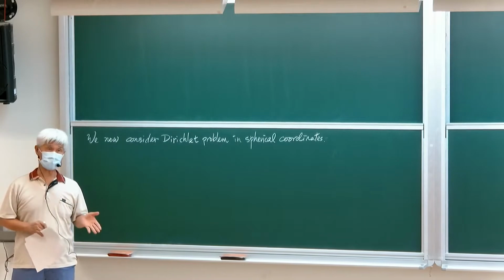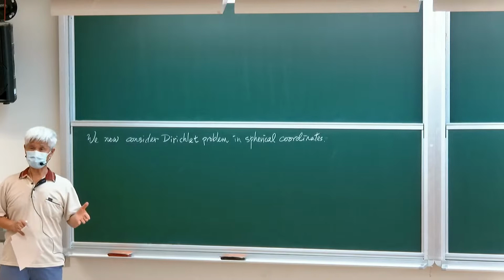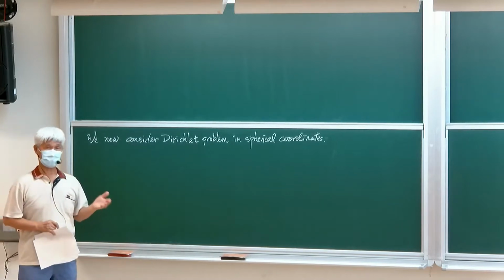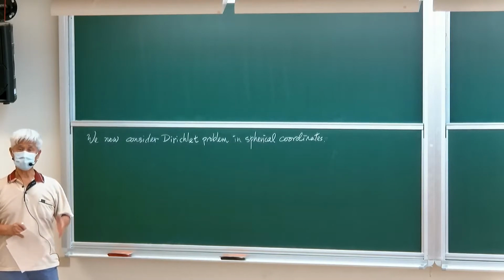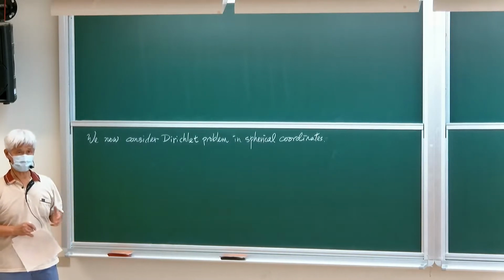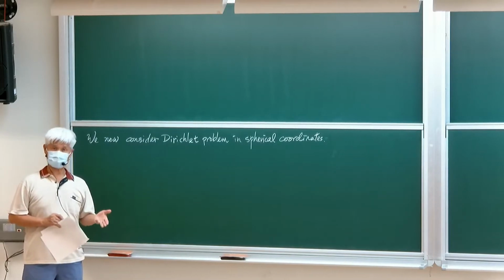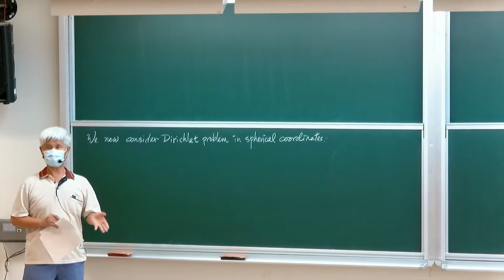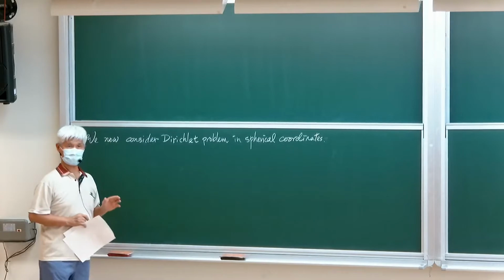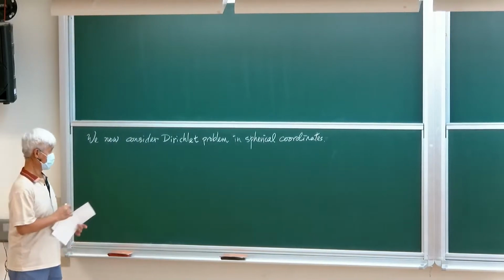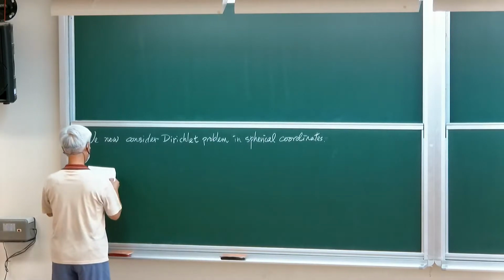And the third one is the mixed type, where on some of the boundary we specify the condition in terms of the U function itself, and on other parts we specify it in terms of the directional derivative in the normal direction. Right. So now we consider the Dirichlet problem, and to simplify, we consider a simpler case.